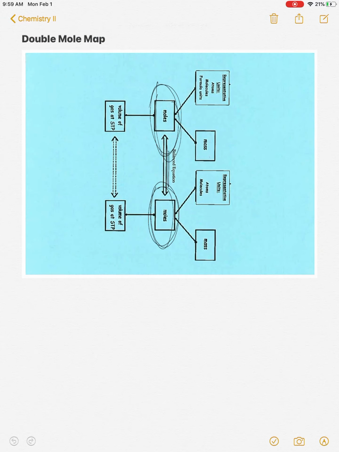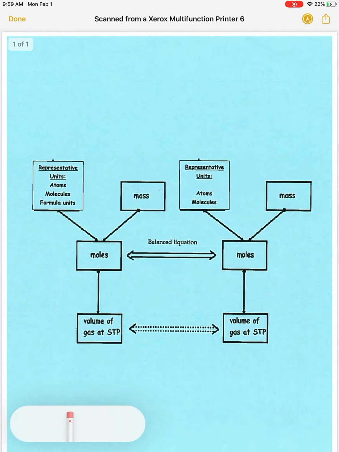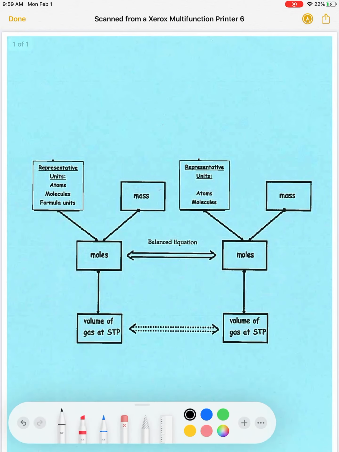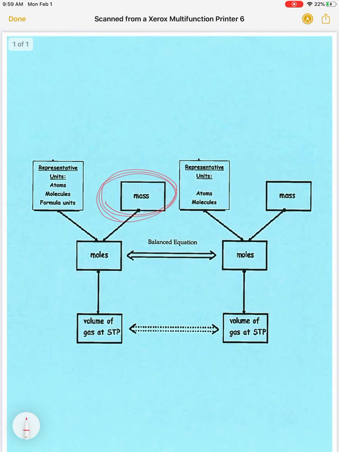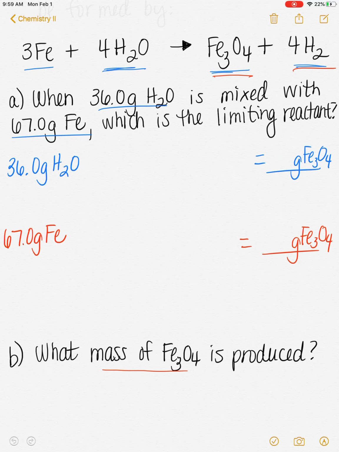Let's go back to our double mole map here. And when I look at this, let me erase my scribbles here. So when I look at this, I am starting in a mass of one thing and trying to get to a mass of another. So the mole map says that's going to be a 1, 2, 3 step problem. So I'm going to need to do 3 conversions.